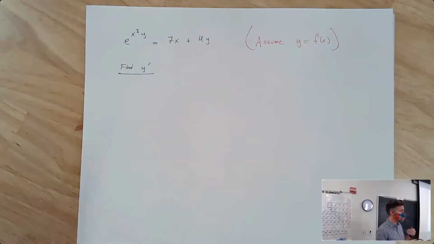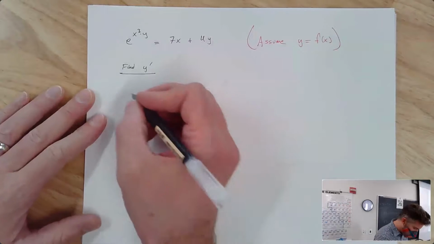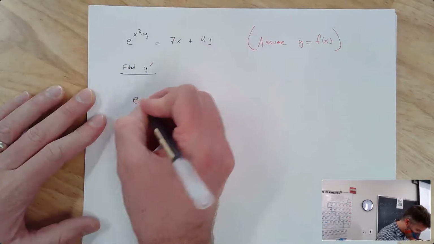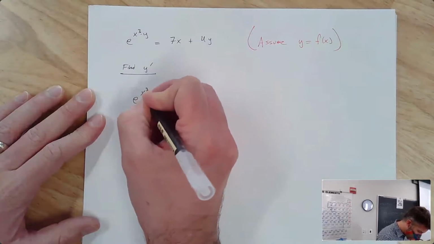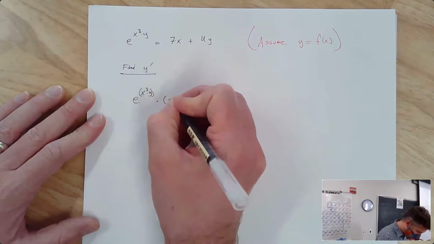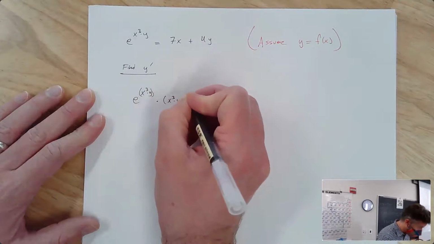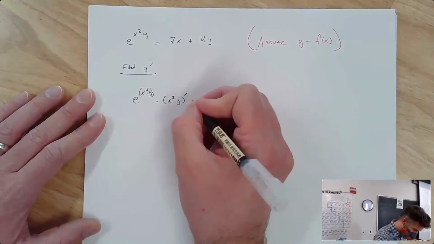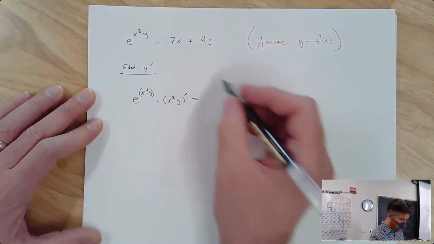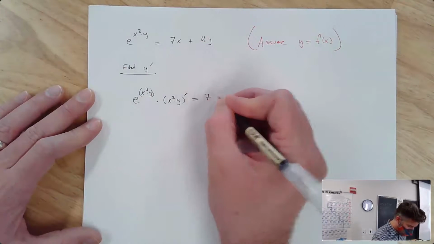The derivative of e to the stuff is e to the stuff times the derivative of the stuff, always, right? Whenever we say stuff, we know we're multiplying by the derivative of the stuff if we're taking derivatives. So the derivative of e to the stuff is going to be e to the stuff times the derivative of the stuff, which I'm just going to write literally as the derivative of the stuff. And on the right-hand side, the derivative of 7x is going to be 7.